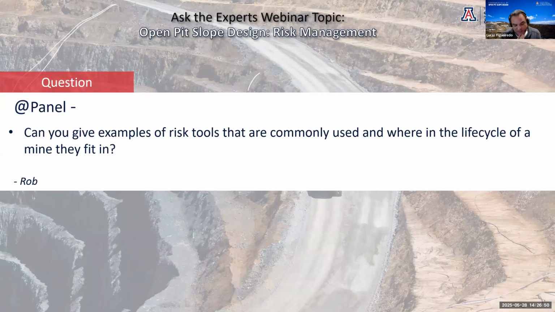Because something that I've faced along my career as well is that the geotechs in the operations are shouting about the risk, the hazards, and so on. But when you see the corporate risk register, it's not aligned with what the geotechs are talking about in the field.